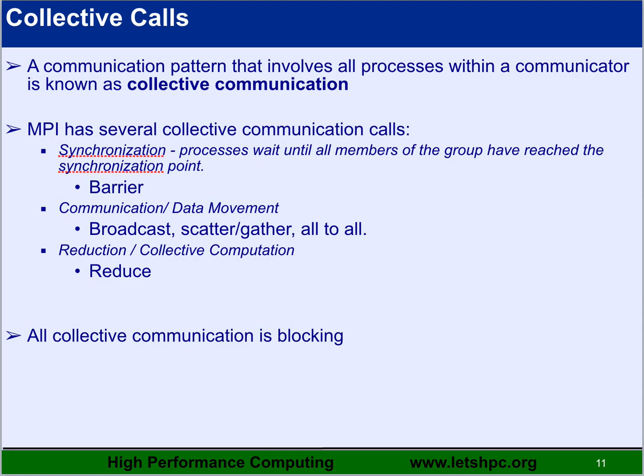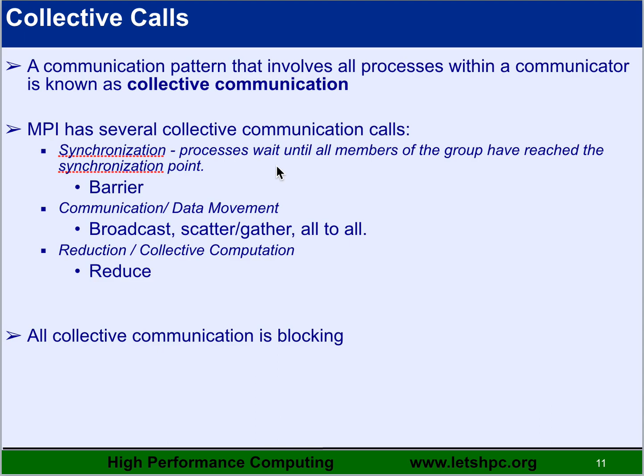One is associated with synchronization. The second one is associated with communication or data movement, and the third one is more about collective computation. So we can clearly see the difference between these three different kinds of collective calls.